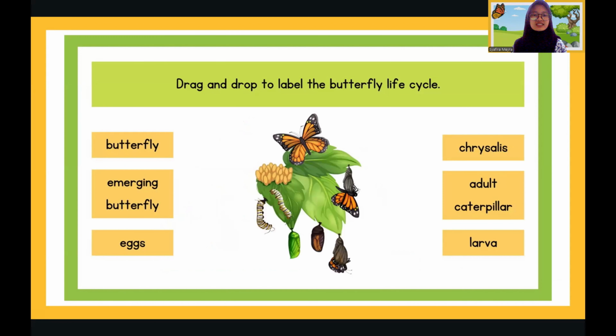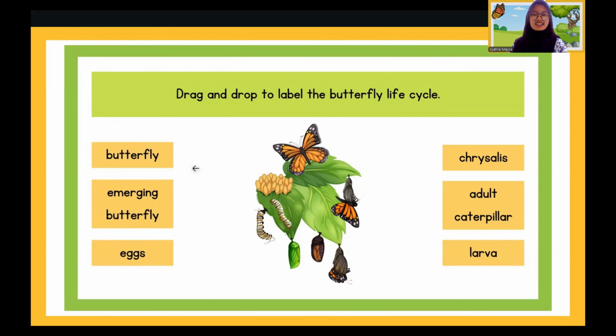It has pictures of the life cycle of a butterfly along with the names of each stage. And your job is to draw a line from the name of each stage to the correct picture. Isn't that exciting? Now guys, if you do this game with your friends, remember to listen to your friend and respect their opinion, okay?